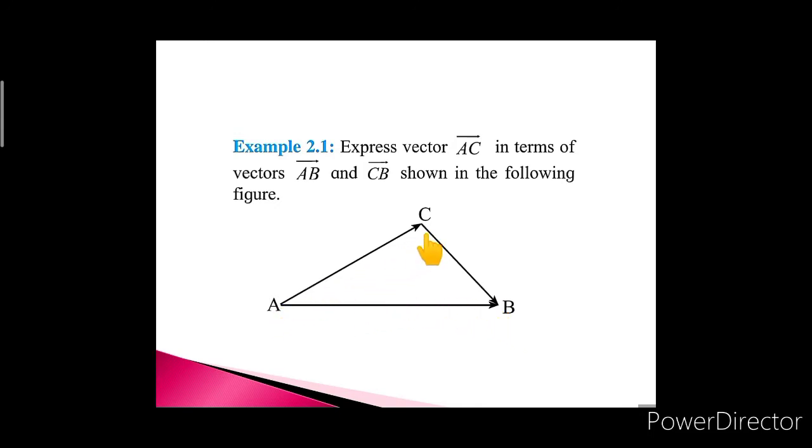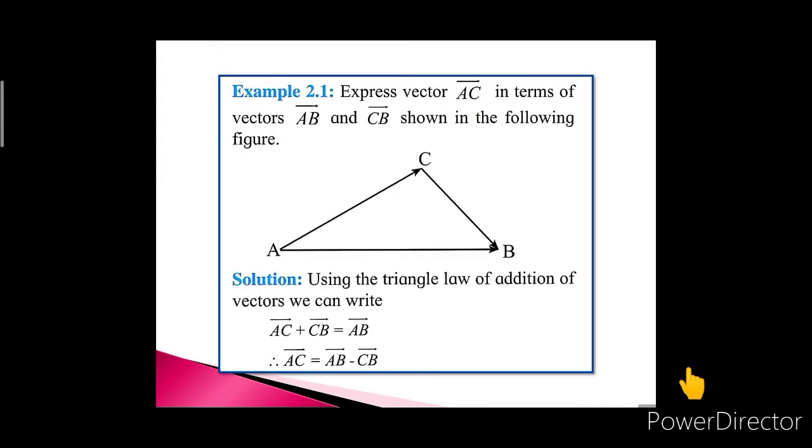Vector AC is given in magnitude and direction. And vector CB is also given in magnitude and direction. In this figure, it forms a triangle ACB. So over here, we have to use the triangle law of vector addition.